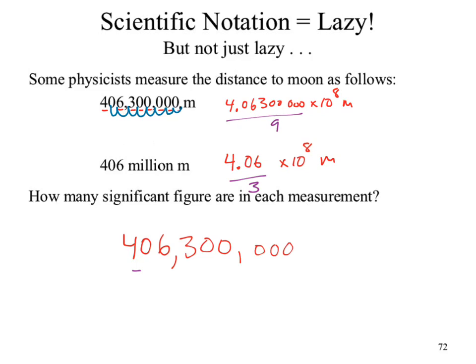Meaning the 4 is significant, the 0 is significant, the 6 is significant, the 3 is significant, and I know for a fact that those zeros are actually zeros. Write this number in scientific notation. Well, 4.06300 times 10 to the 8, right?